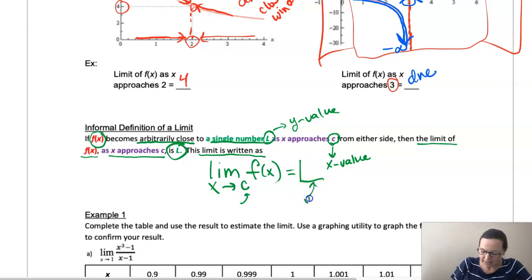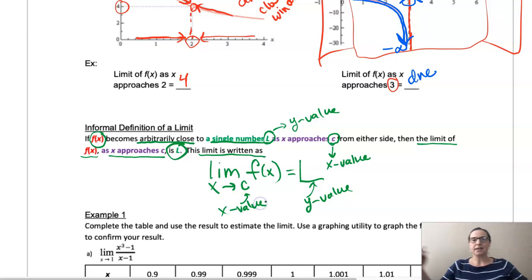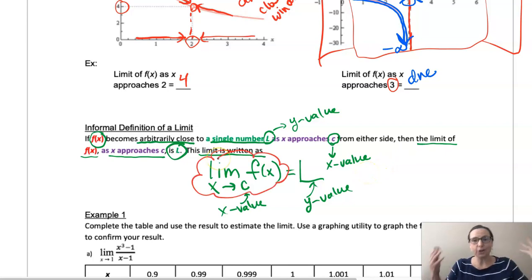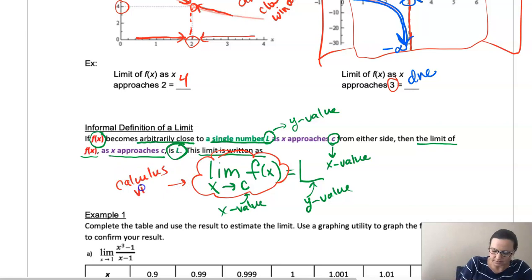So remember, this is the y value that the function outputs are getting arbitrarily close to, and this is the x value that the x's are approaching from both the left and the right. So this notation here is the open window. This is the calculus view open window.